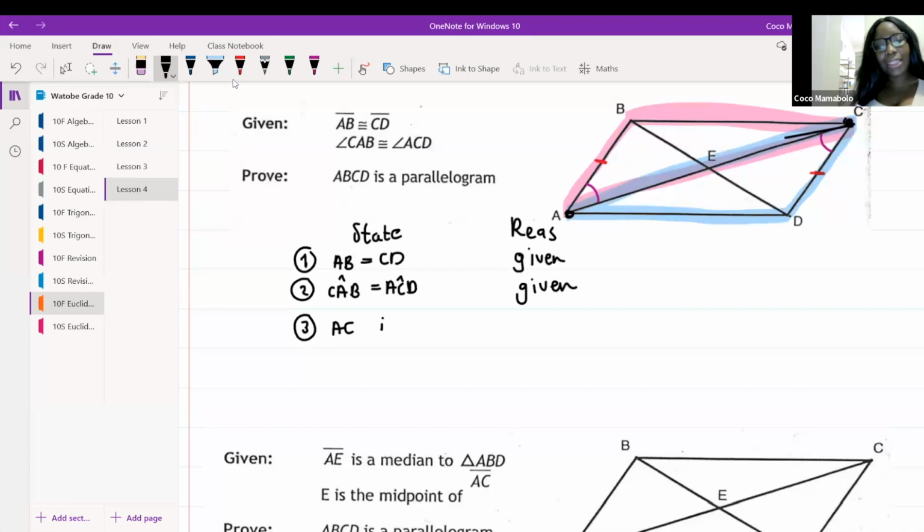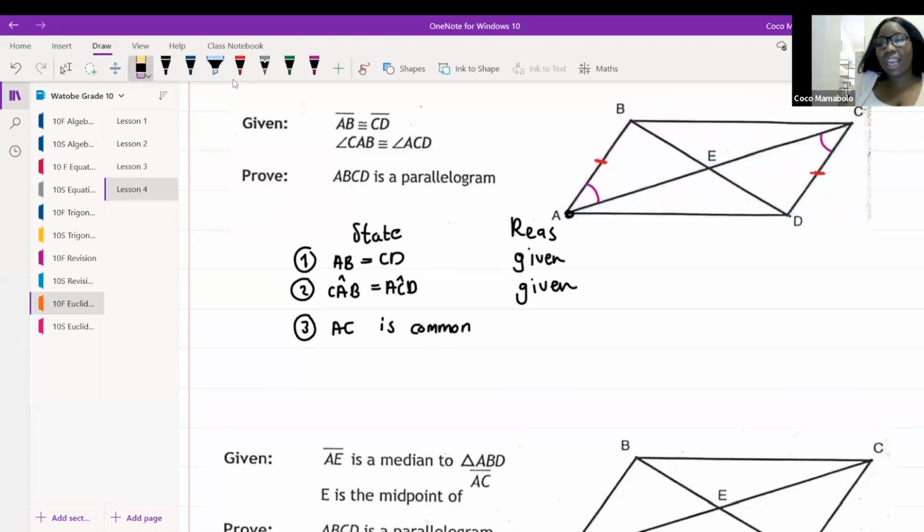But I can't just write that AC is common, because that doesn't make sense. Rather, I need to start by stating which triangles we're finding this from.